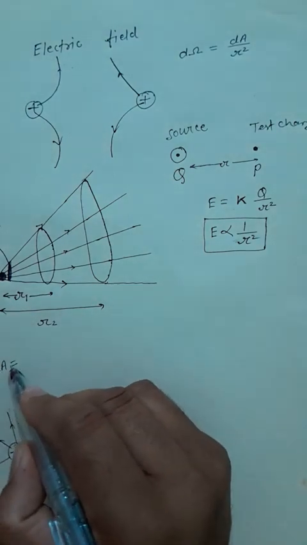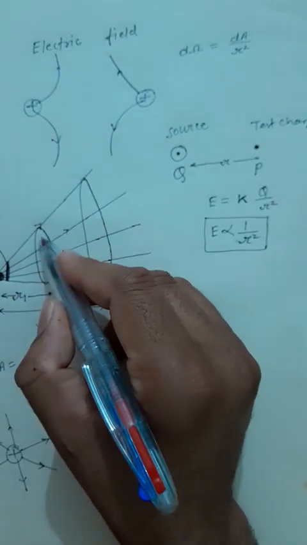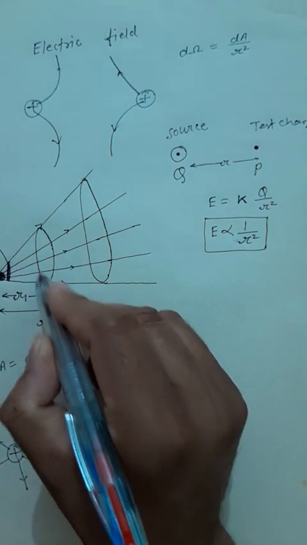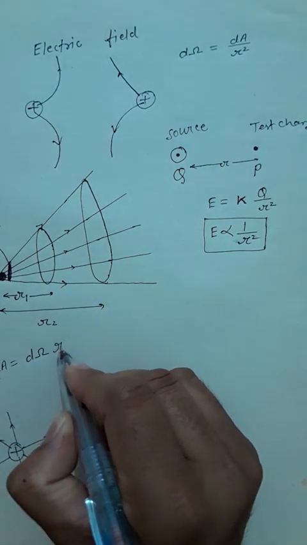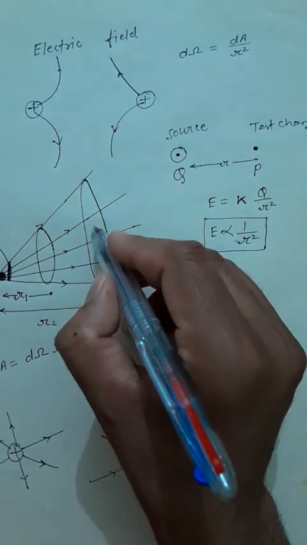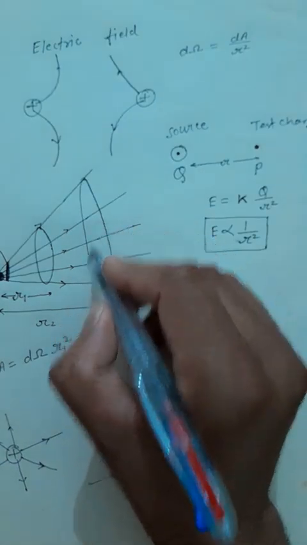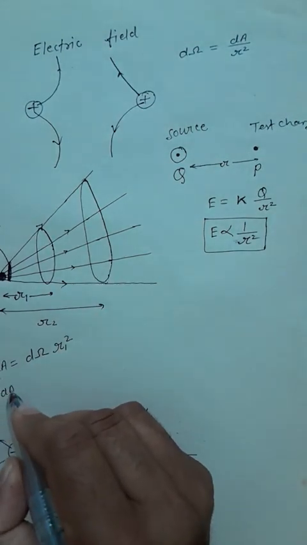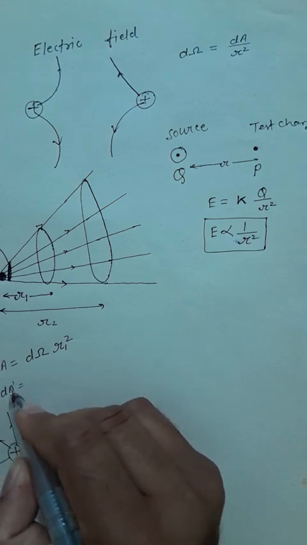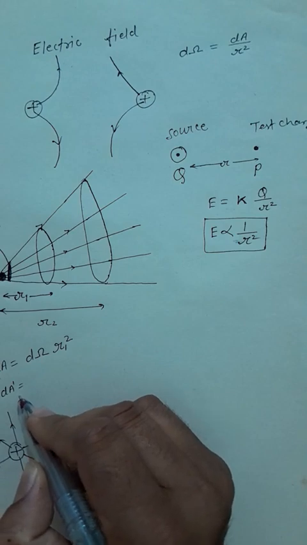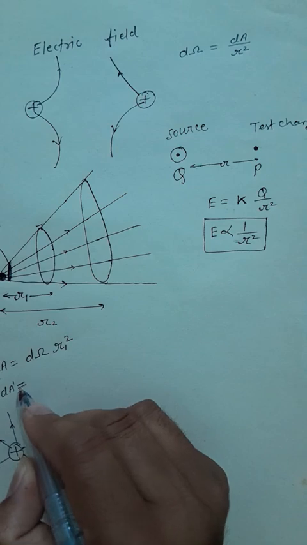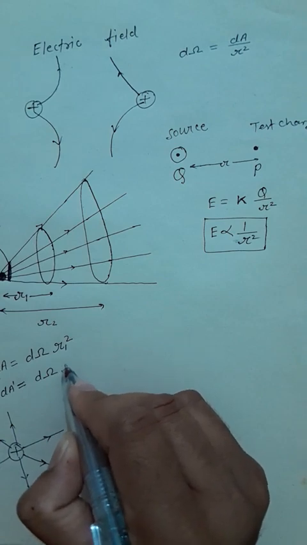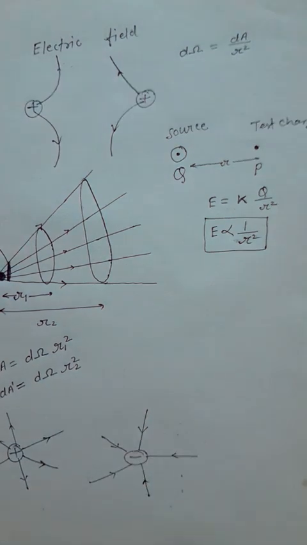Here I am writing dA; this area I want to find out. Obviously it will be d omega multiplied by r1 square. Similarly, this area dA dash will be d omega times r2 square. The solid angle is the same for both, only the square of the radius is going to change.